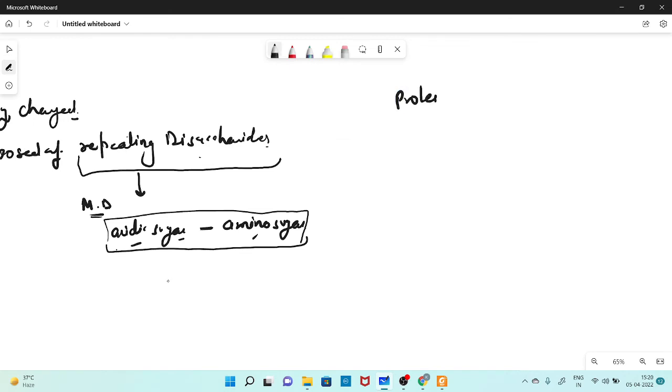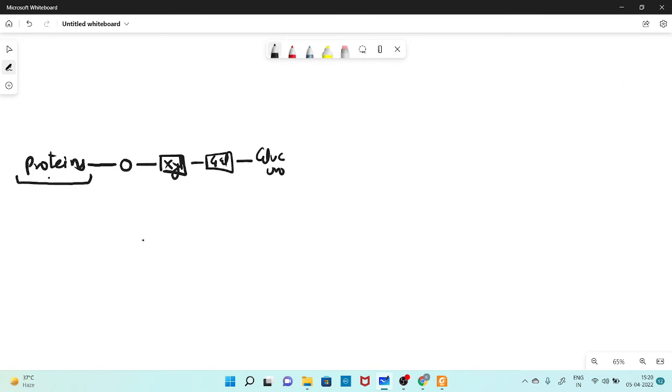So now there is another structure involved. There are proteins present in the cell membrane, and these proteins make a bond with a linker sugar molecule, that is your xylose, then galactose, then your glucuronic acid, right?